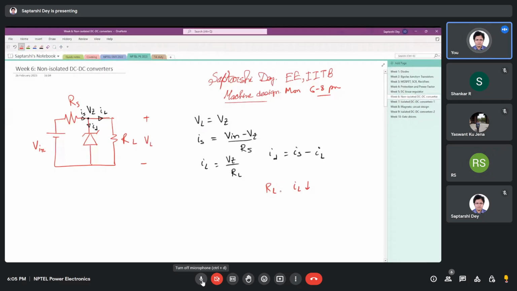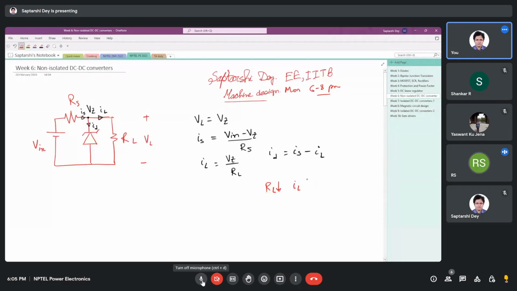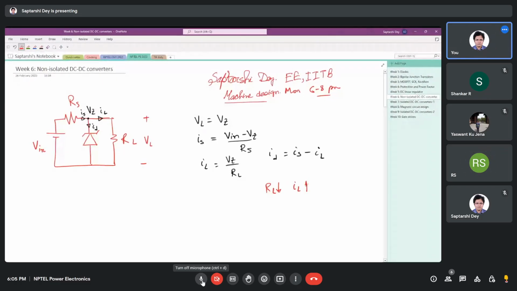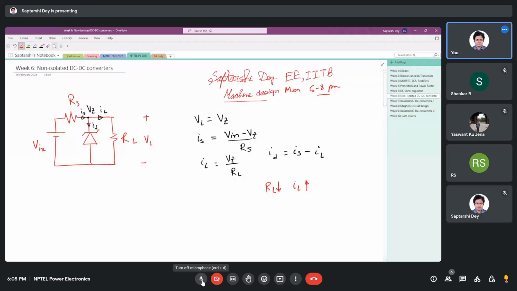If I reduce RL, then I'm increasing the load, which means I'm increasing IL. Now, if I assume that the Zener holds this voltage Vz, whatever might happen, then Is is constant, right? So increasing IL means reducing ID.